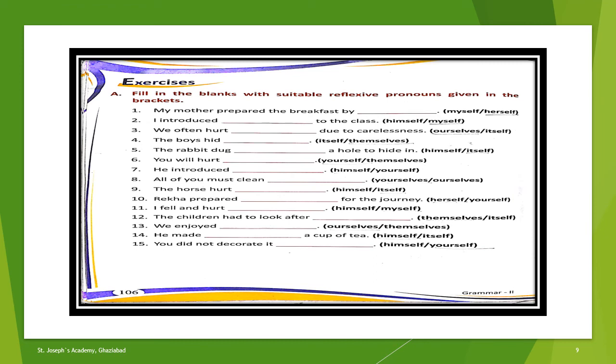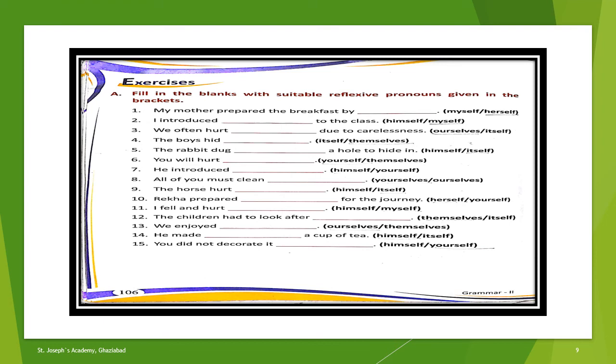The horse heard itself. Now we come to number 10. Rekha prepared dash for the journey. As you know that Rekha is the subject, and Rekha is a girl, for which we will use herself.